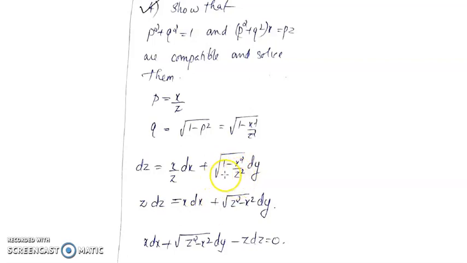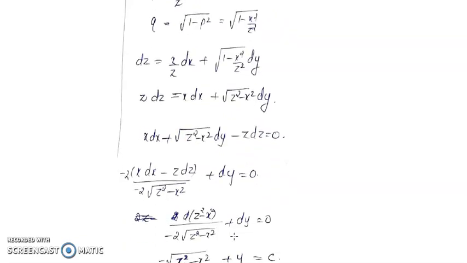So z will come out, so that gives you z dz equal to x dx plus root of z square minus x square dy. Now here divide throughout by root of z square minus x square, so we will get in a differentiable form.